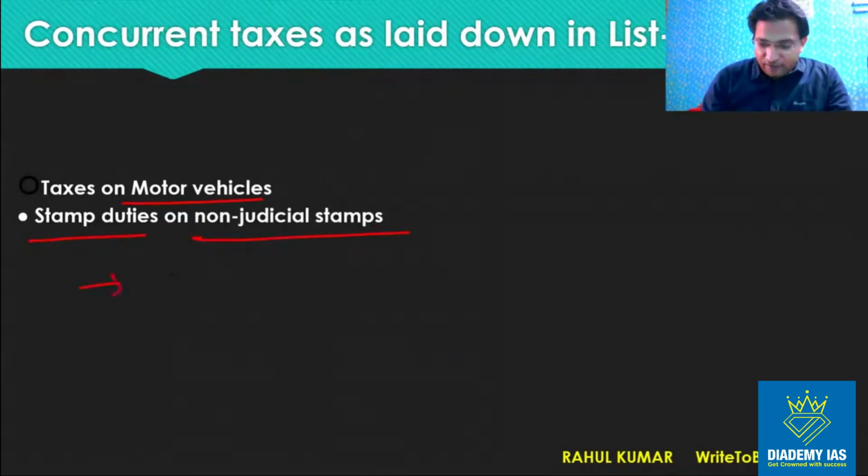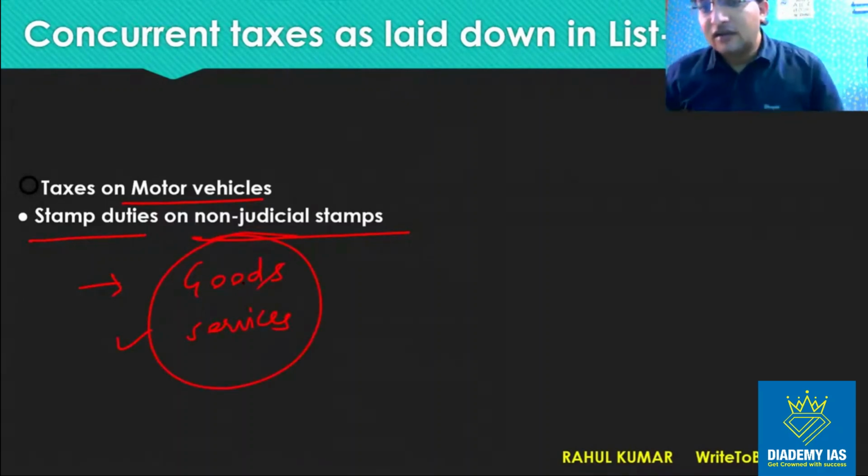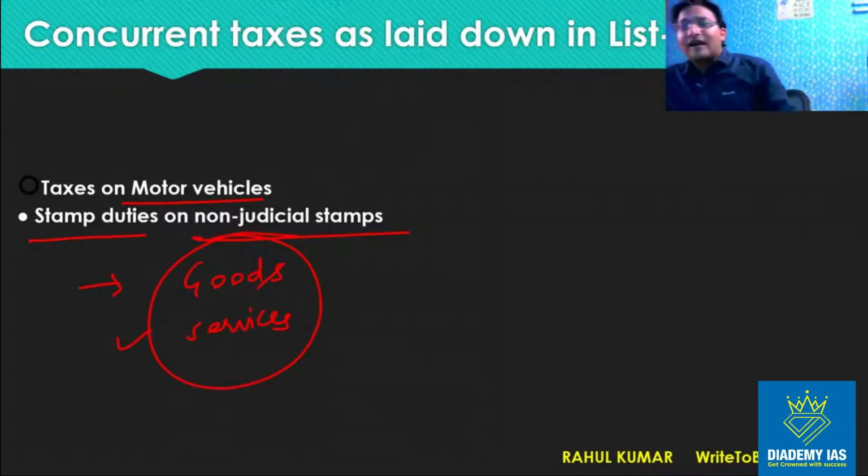Then we have taxes on goods, taxes on services, right? Which are also part of the concurrent list after the amendment by the GST Amendment Act, 101st Amendment Act.